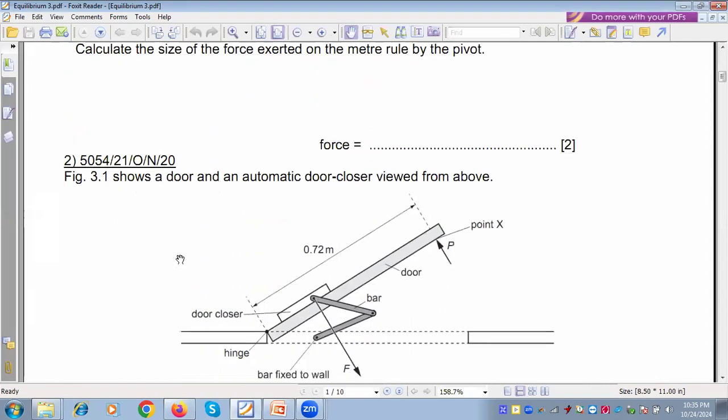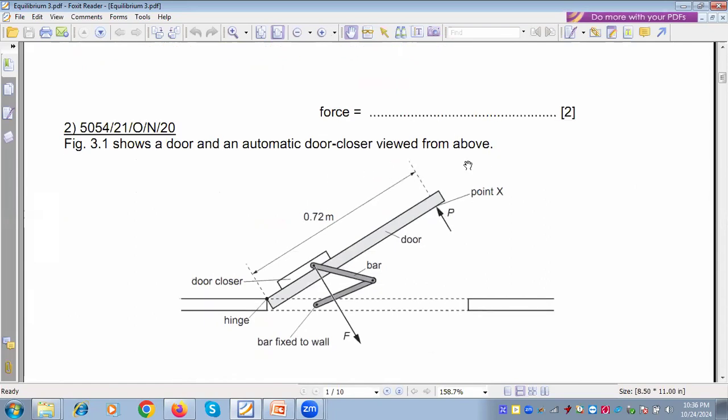This is the next question. This is also from 5054 O levels, variant 21, October November 2020. This is question number 3 in that paper. Figure 3.1 shows a door and an automatic door closer viewed from above.